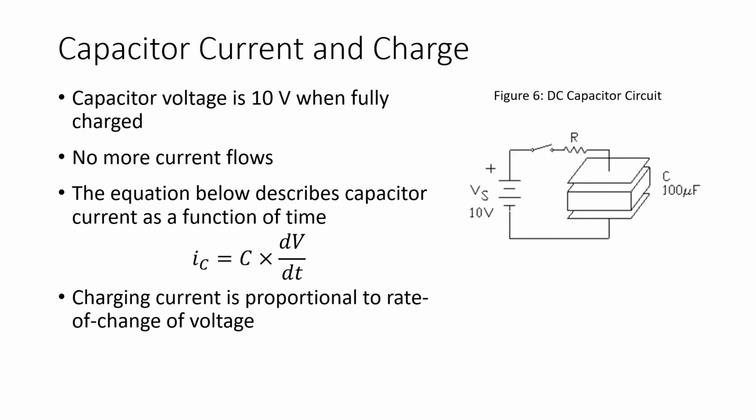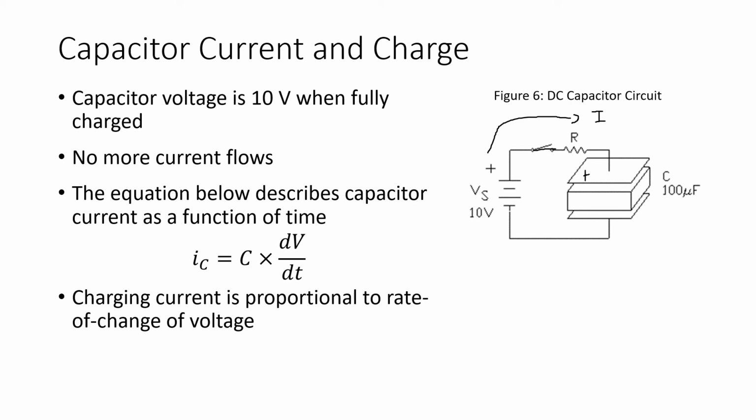Now, we'll look again at the circuit of figure 6, this simple DC circuit. And again, when we close the switch, current's going to flow around the circuit, and we're going to build a charge up on the capacitor.